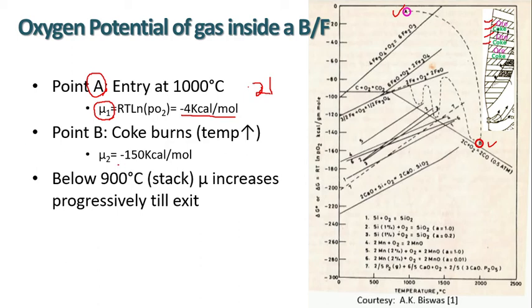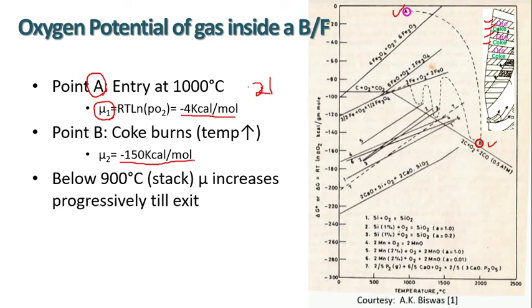It is about minus 150 kilocalorie per mole at point B. Again, when it comes to the ore layer, it reduces the ore, oxygen joins the gas phase, and the oxygen potential increases. This goes on until the temperature is about 900 degrees centigrade.